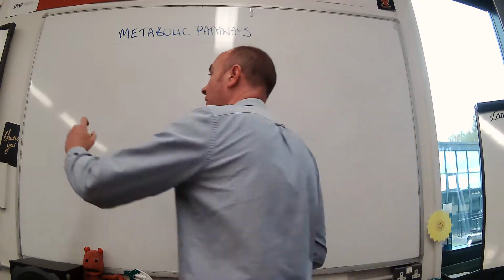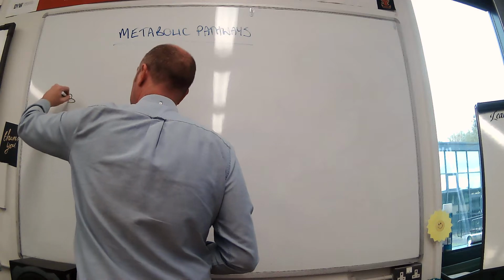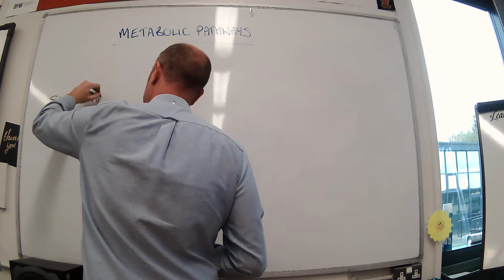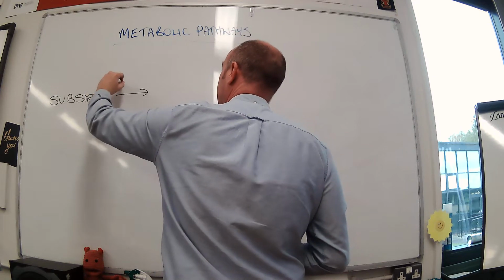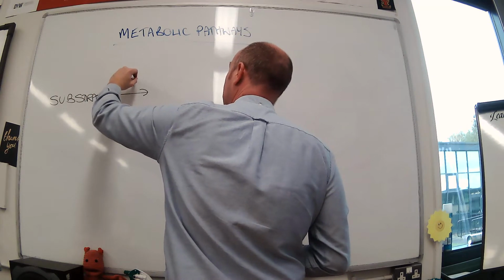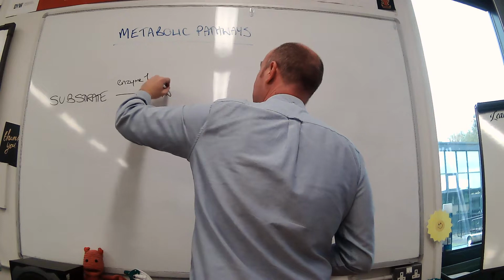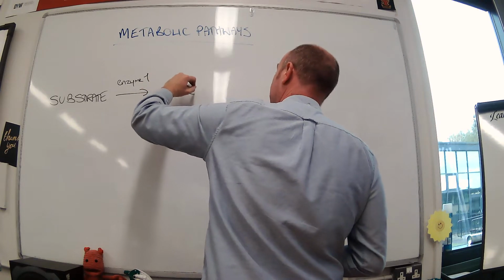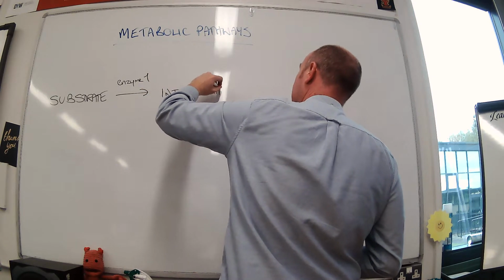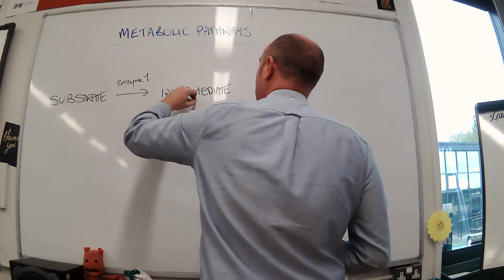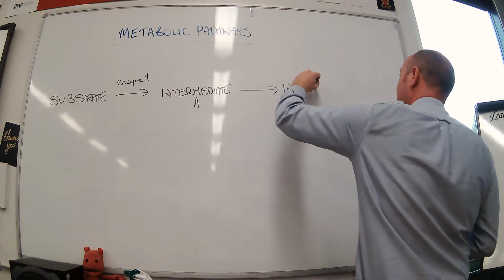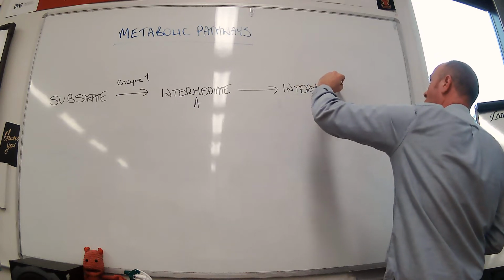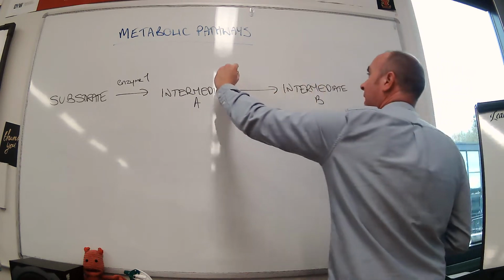So we start off with a substrate. That would then be acted upon by an enzyme to give us an intermediate. Maybe another intermediate is formed as well by another reaction, also controlled by another enzyme.